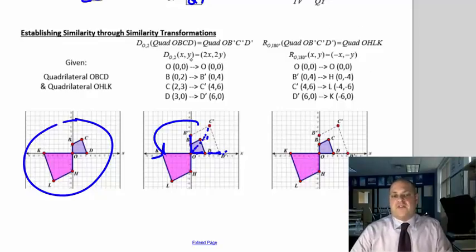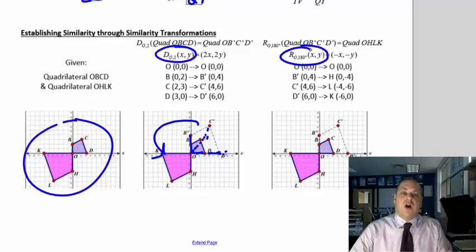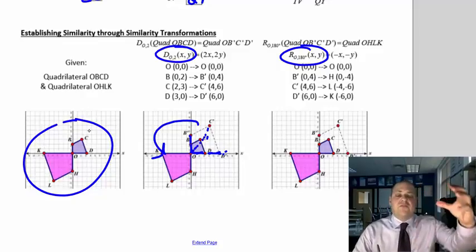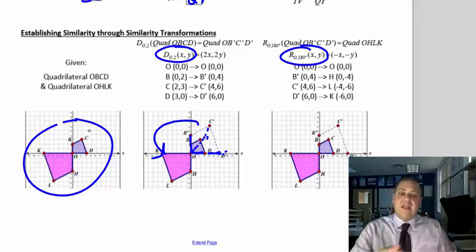And that's what they kind of showed us here. It's a dilation of 2 and then a rotation of 180. That's how we got from the purple to the pink, whatever that is. From OBCD to OHLK. All right, there was a dilation of 2, and then there was a rotation of 180. That just shows you how they're similar.